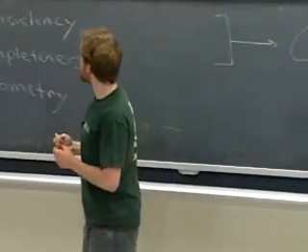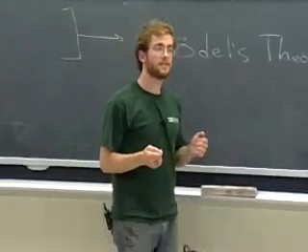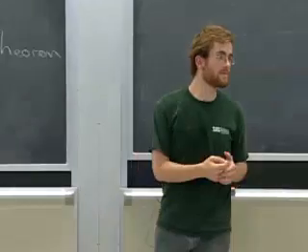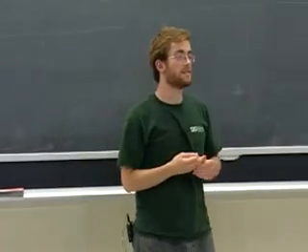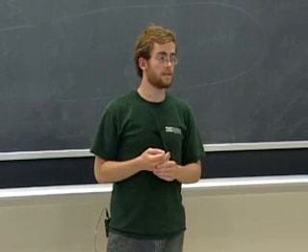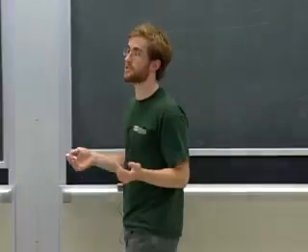So, can anyone tell me what consistency means? Anyone? Sure. The set is like no theorems contradict each other. Yeah, exactly. So what Felix said was no theorems contradict each other.